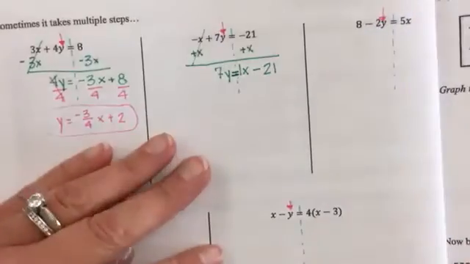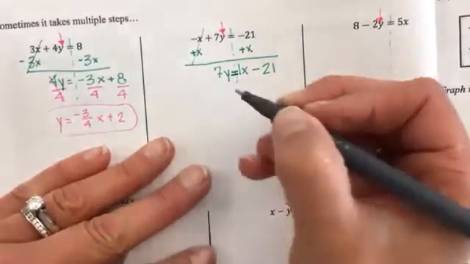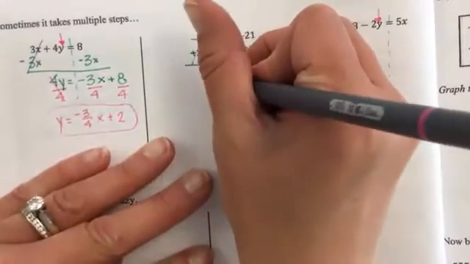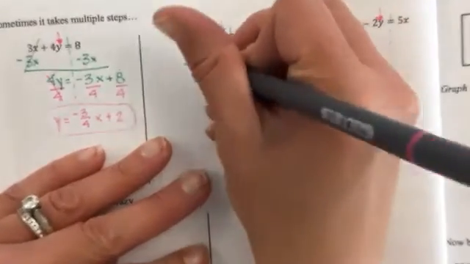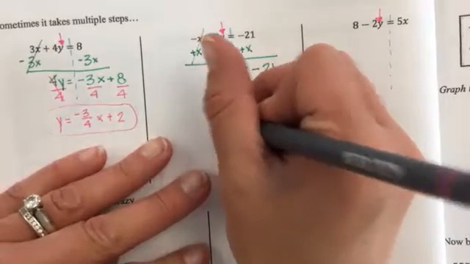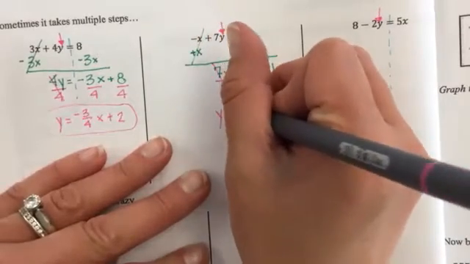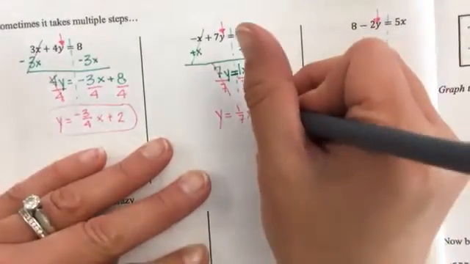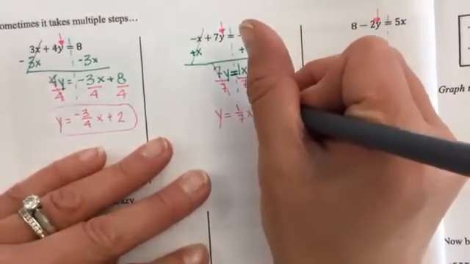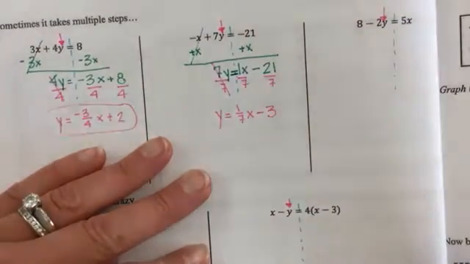And then our next part is to split up the y and the 7, which we're going to do by division. So we divide everything by a 7. We end up with y equals 1/7 x, and that's okay to leave it in a fraction. We like that. And then 21 divided by 7 is 3.